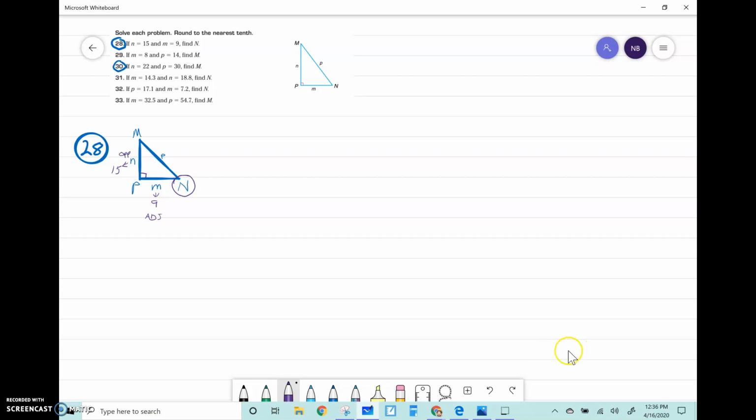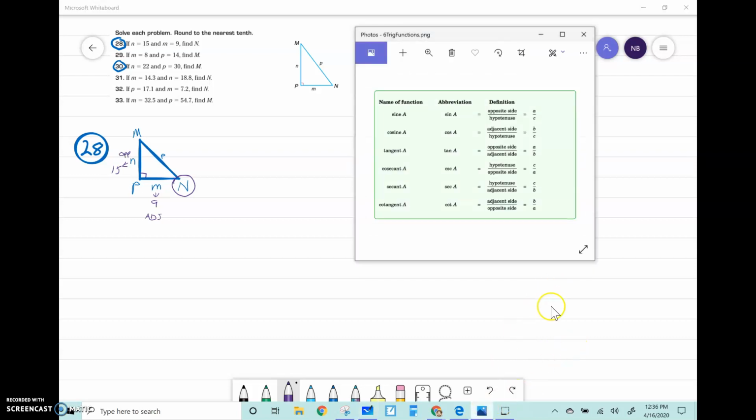I'm going to look at the first three functions, our main three, our big three. I have an adjacent and an opposite side identified. Tangent uses the opposite and the adjacent side, so we're going to set that up with tangent.